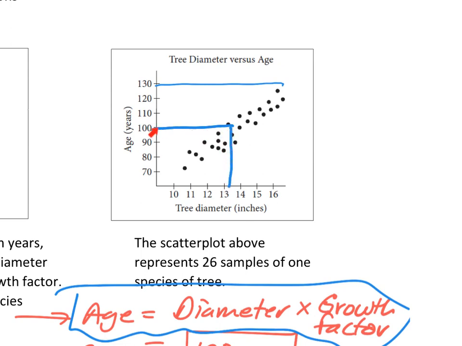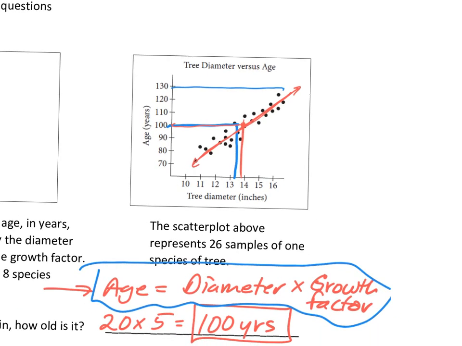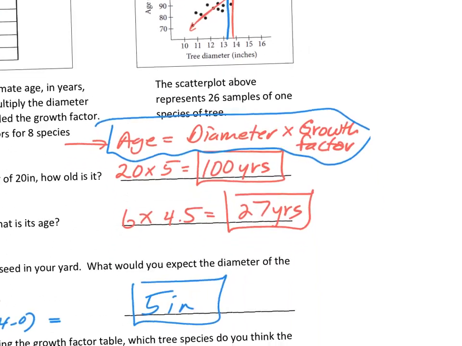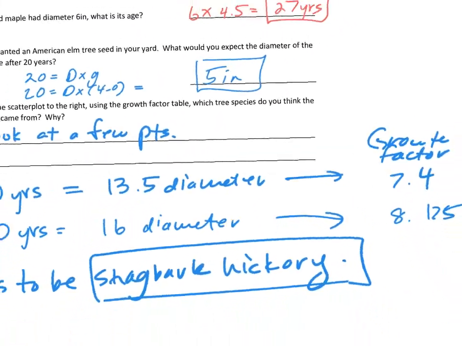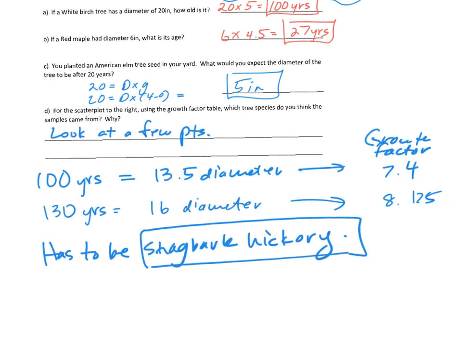If I think about a line right down the middle here, a 100-year-old tree, if I'm being honest, is somewhere between 13 and 14 inches in diameter. Using the formula, if the tree is 100 years old and the diameter is about 13.5 inches, I determined that the growth factor for that tree was 7.4.